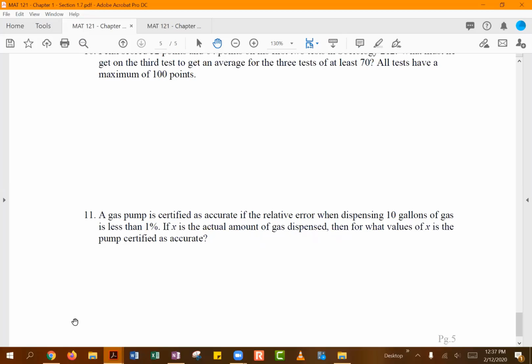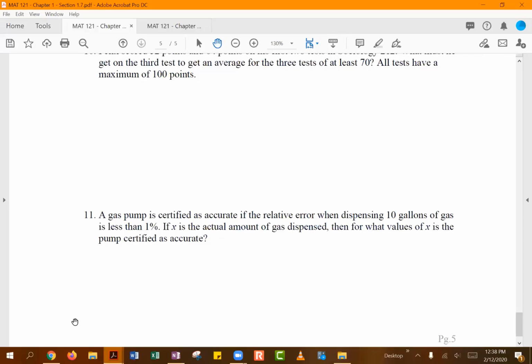So if it's showing you 10 gallons on the little meter when you're pumping gas, as long as it is off by less than 1%, we can say that pump is accurate. But let's say it's showing you 10 gallons, but it's pumping less than 10 gallons, like 9.5. Well, that's not good. You cannot be that far away from your actual amount. So that's what we're testing here to see what that range should be.